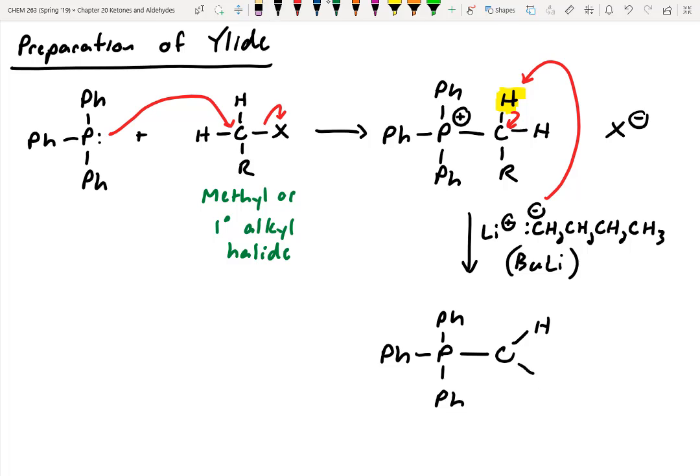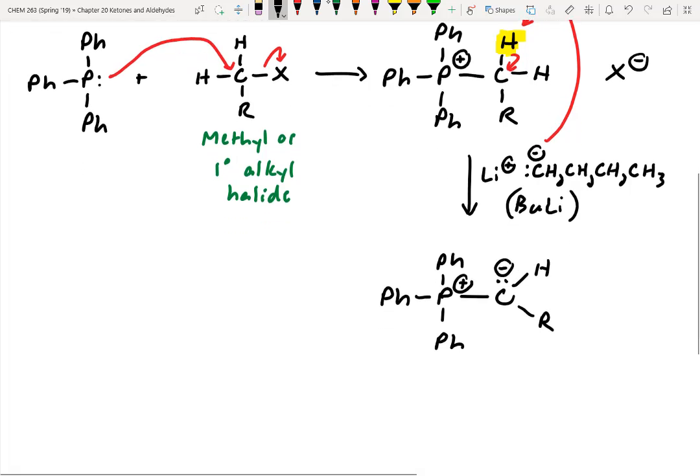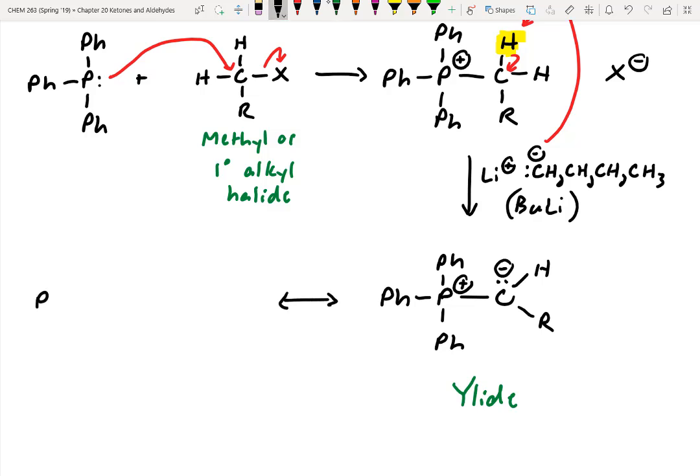And now this carbon has a negative charge and a positive charge. So this is our ylide. And like I said, you can actually see this written two different ways. Sometimes you see it written with the double bond.